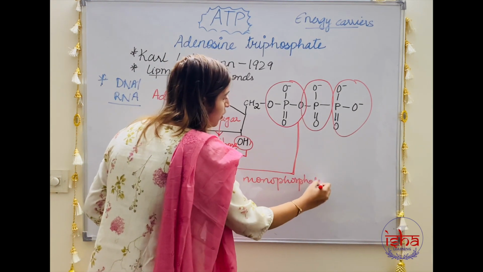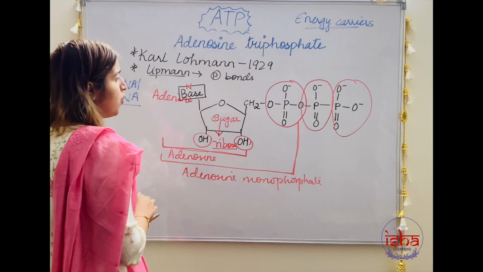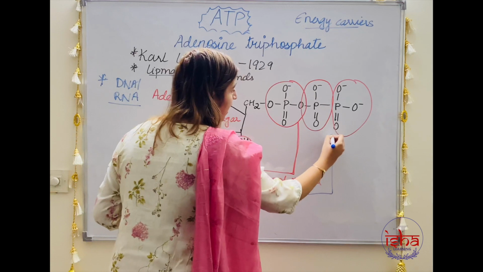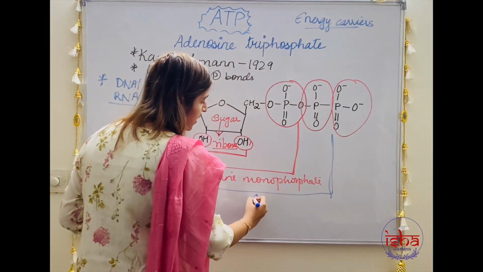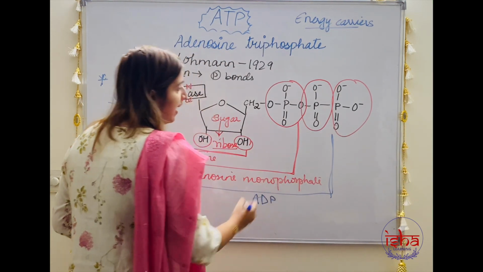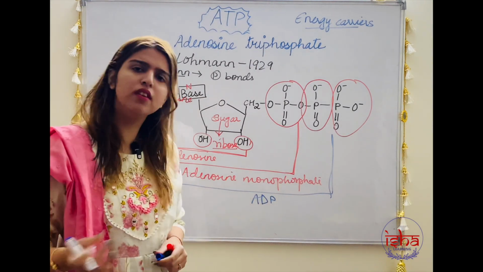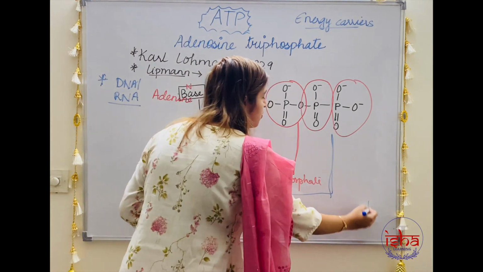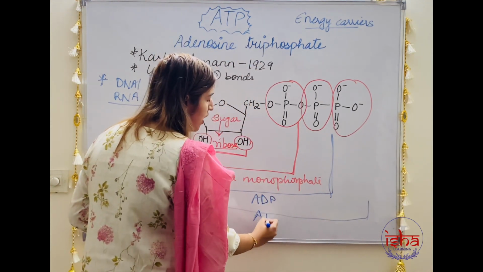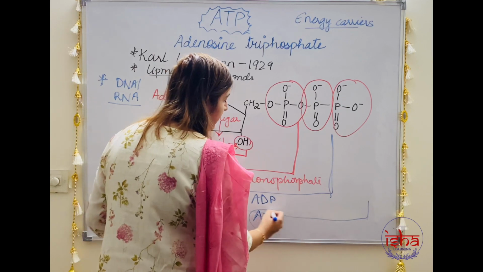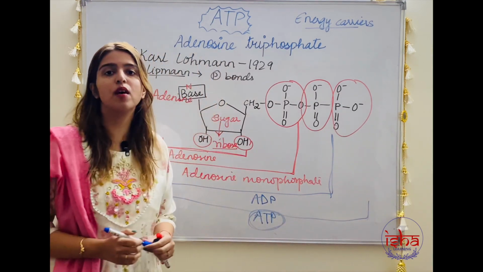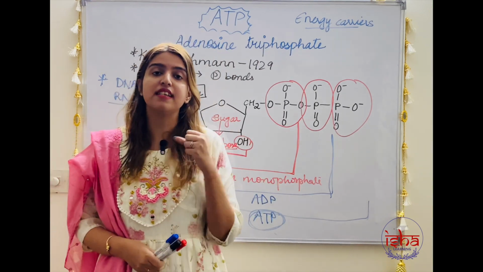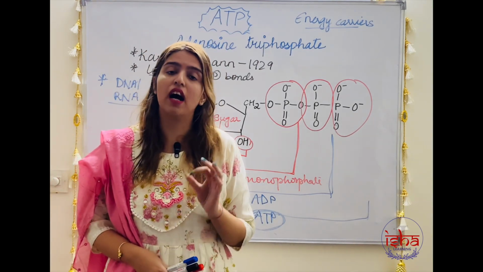Similarly, if I go ahead and include the next phosphate group also, I might as well call this structure adenosine diphosphate, ADP. And if I also go on to include the third phosphate group, we already know that this structure is known as adenosine triphosphate. That is my ATP molecule. This is the subject of discussion today. So now we've realized that this ATP is in fact from the category of RNA.